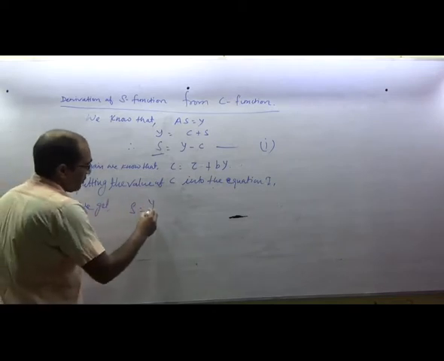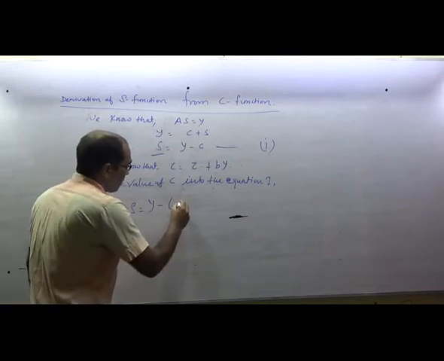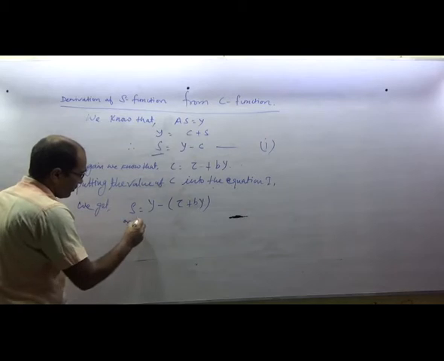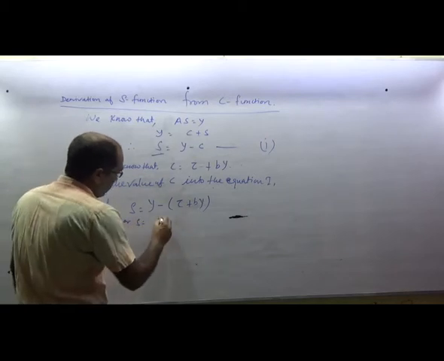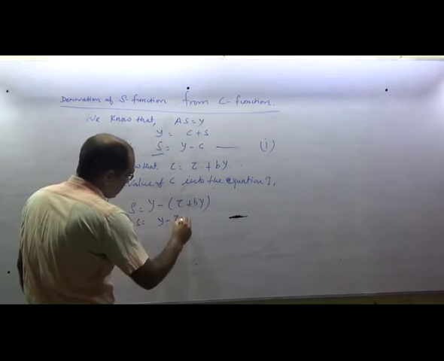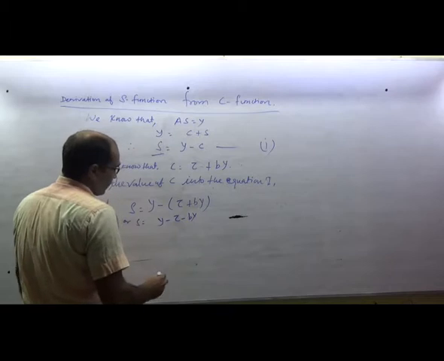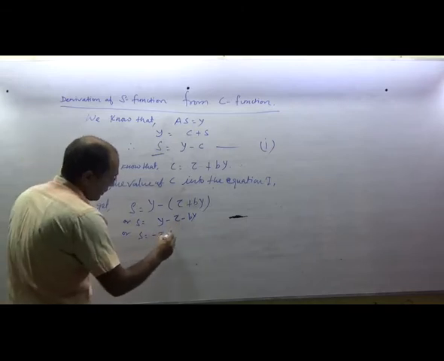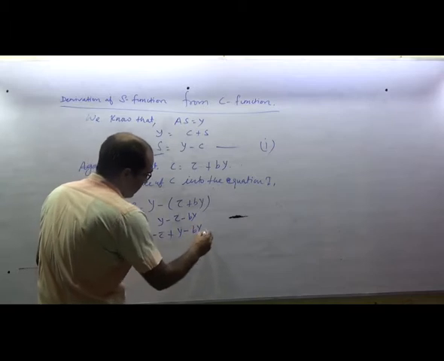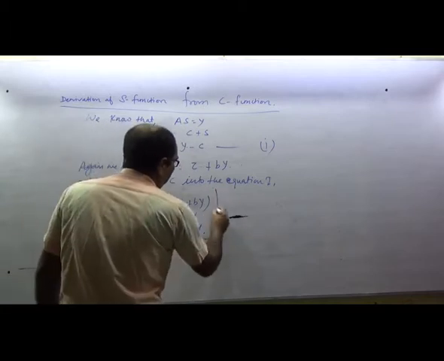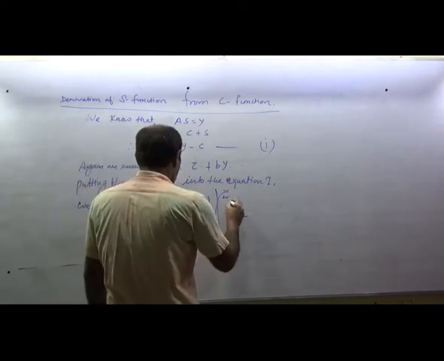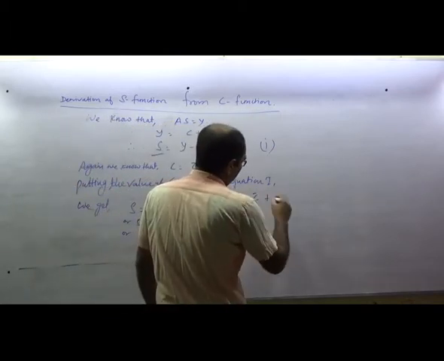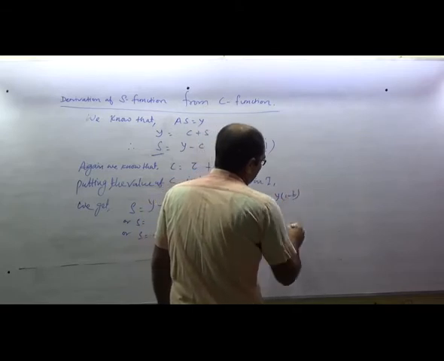S equals Y minus (C bar plus bY), or S equals Y minus C bar minus bY, or S equals minus C bar plus Y minus bY, or S equals minus C bar plus (1 minus b)Y.